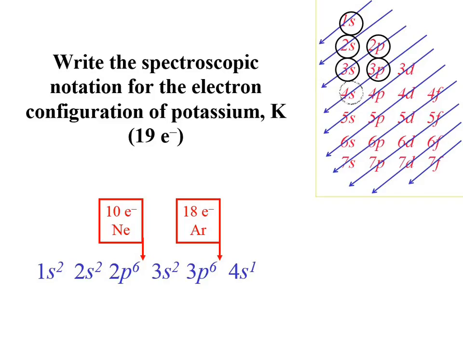Let's do 40. And I won't belabor this one as much. The first 2 electrons go in the 1s, so we have 1s2. The next 2 electrons go in the 2s, so we have 2s2. The next 6 electrons go in the 2p, so we have 2p6. And by golly, we have reached a rare gas.